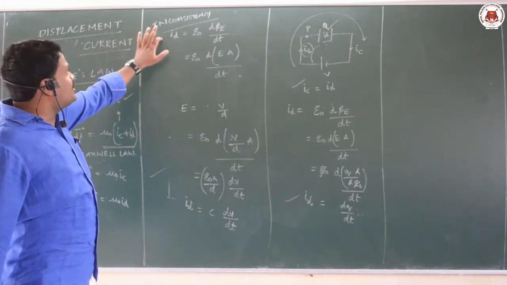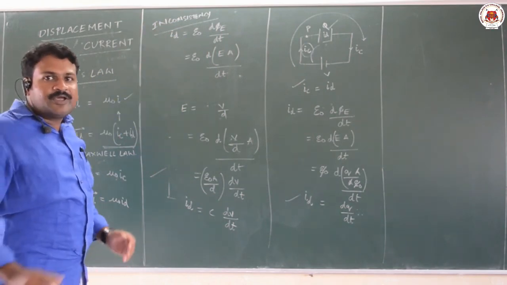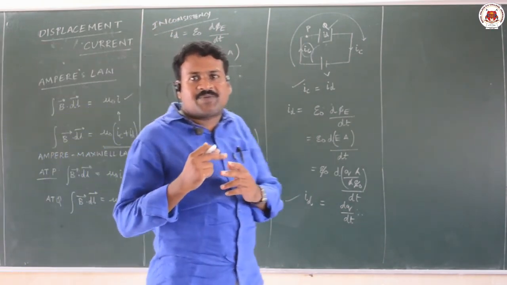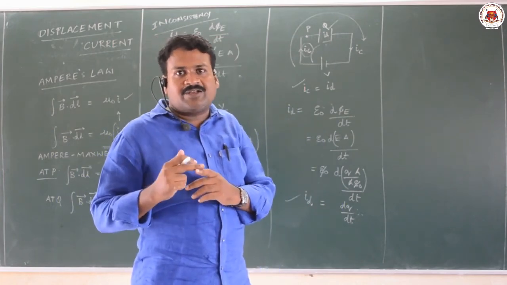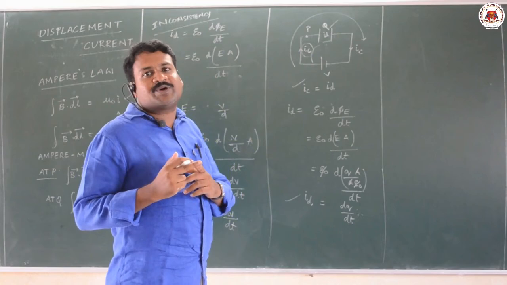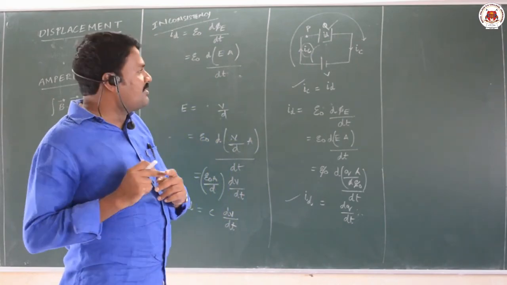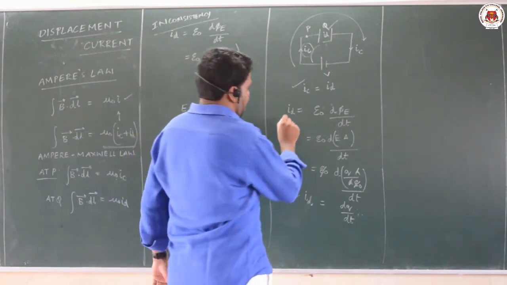So this inconsistency of Ampere's law has proved that time variation of electric field produces magnetic field, and according to the scientists, magnetic field must be produced by a current. So that current Maxwell called displacement current.